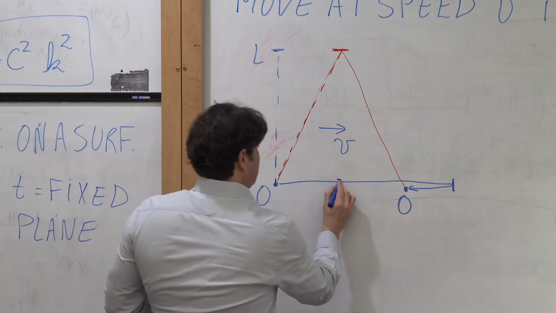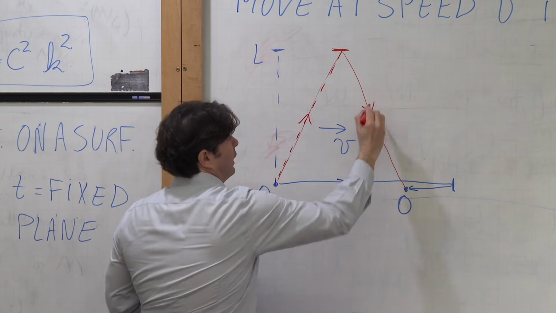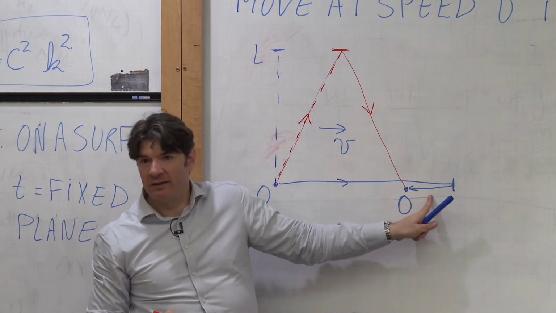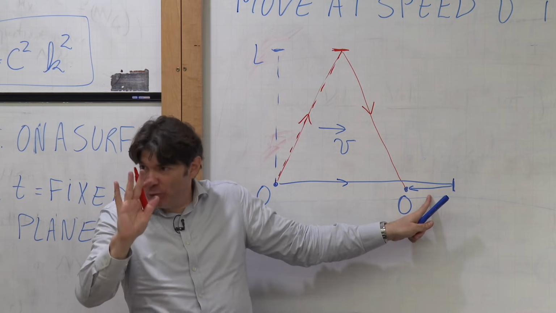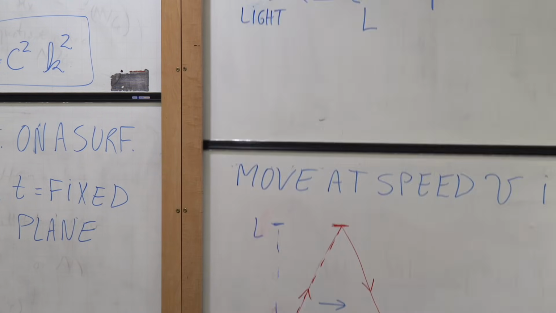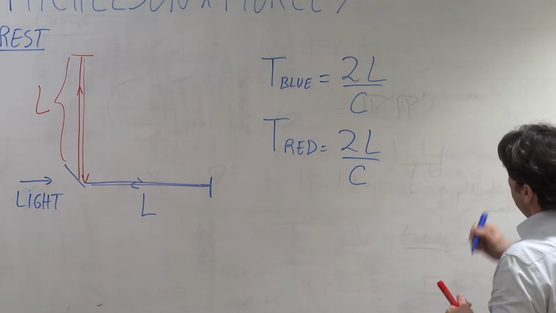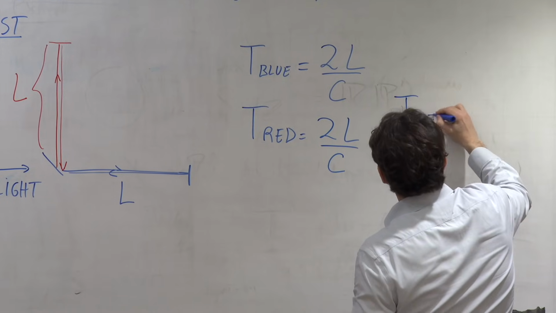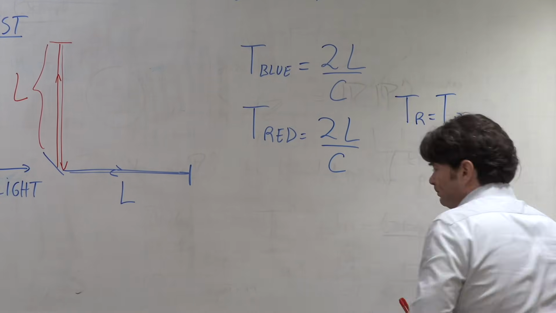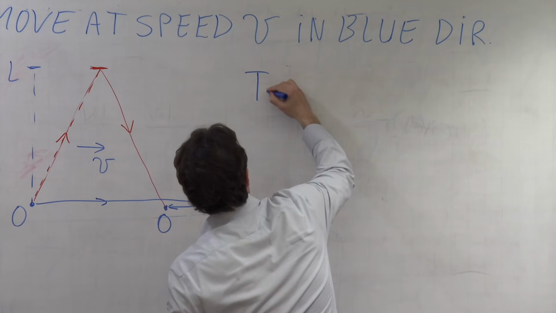So the red light does something which I just showed, and the blue light does this, okay? Let's compute both times now. So, good. So here, in this situation, notice that T red is the same as T blue. Here, let's start with the time blue.